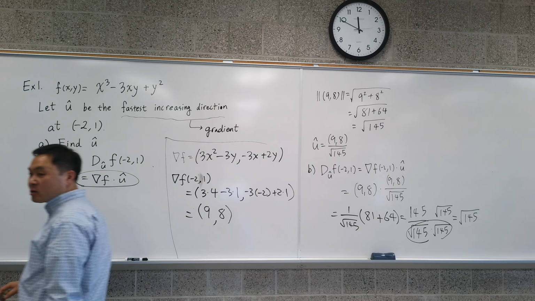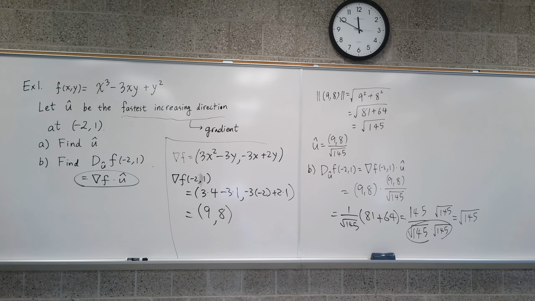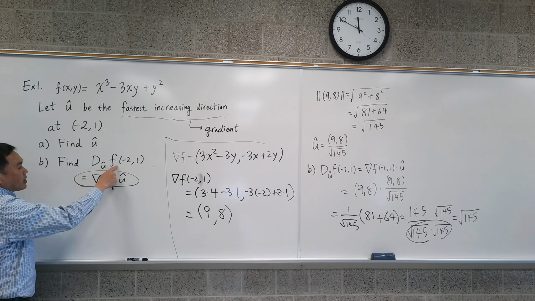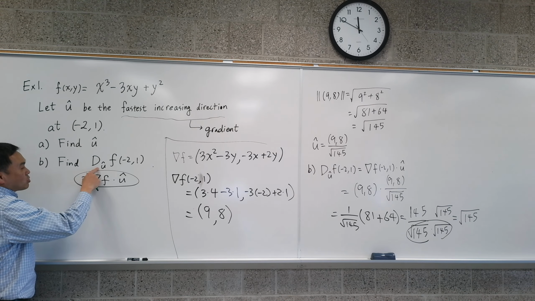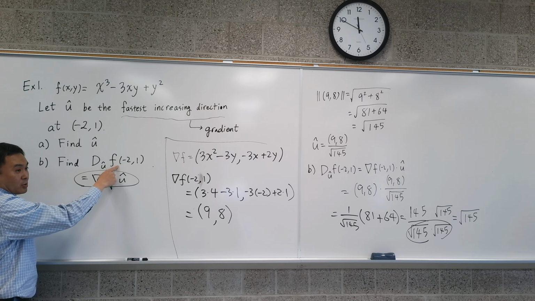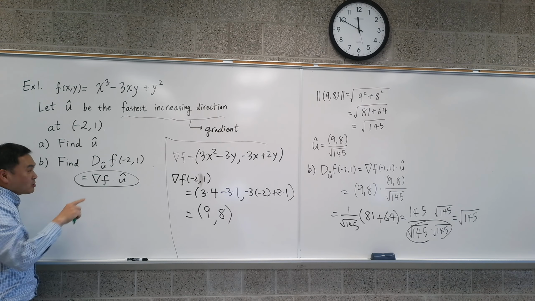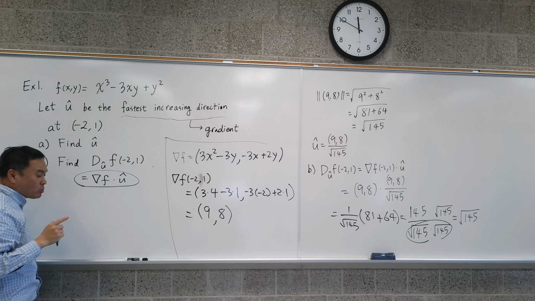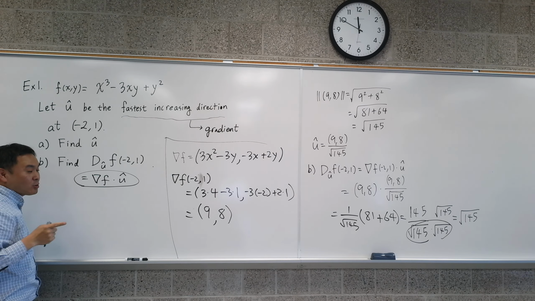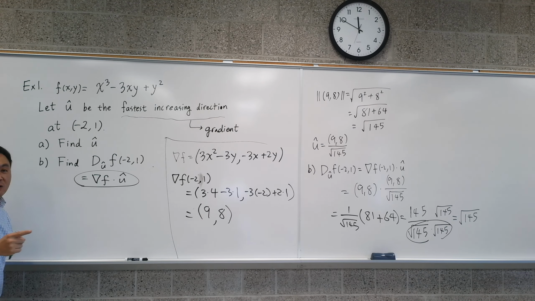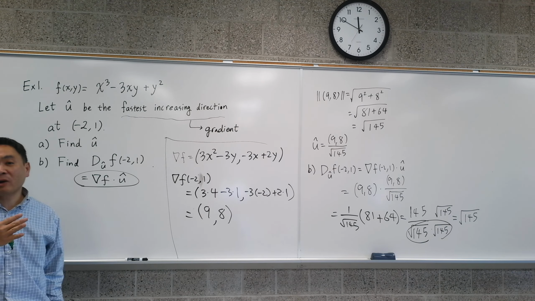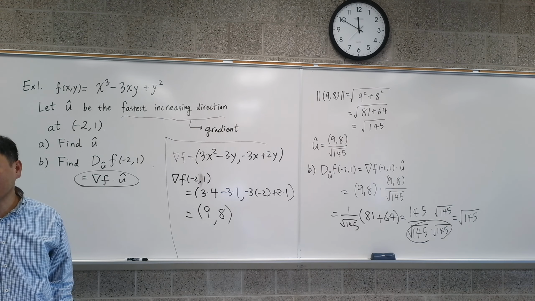Now, a shorter alternate way to get this answer is to say, well, you are trying to find the directional derivative of f in the gradient direction. In that case, that's the maximum possible value of the directional derivative, right?